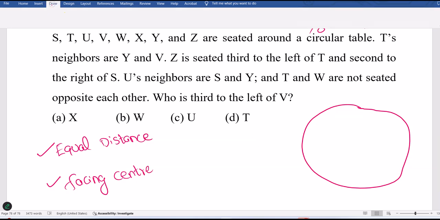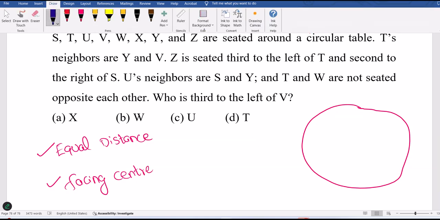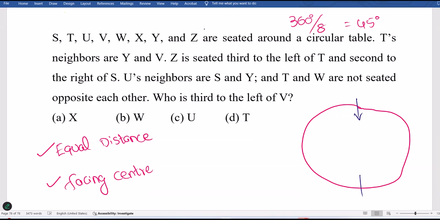Now we'll allocate the slots here. These 8 slots face towards the center, maintaining equal distance. Next important thing, listen.